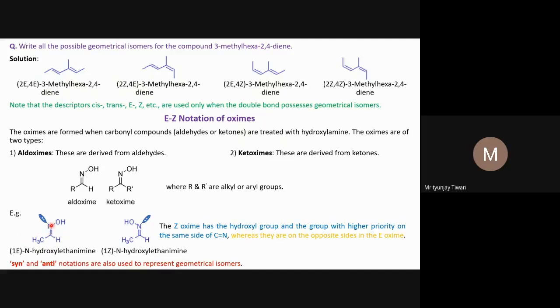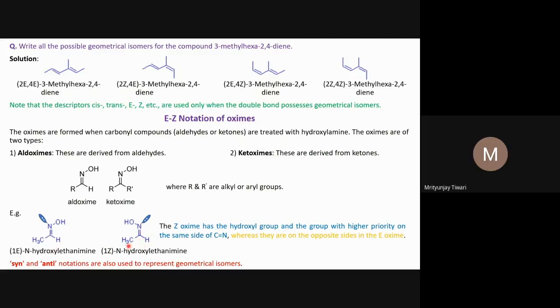This is 1E, N-hydroxyl ethane, but it is not an amine. It is an imine, carbon double bond N. So this is ethanimine.